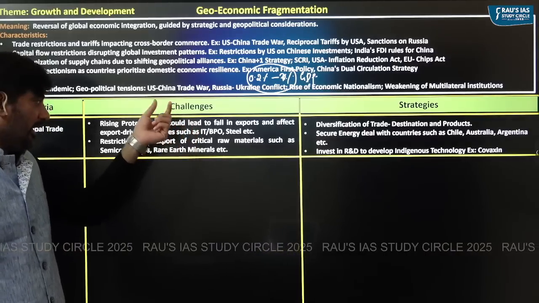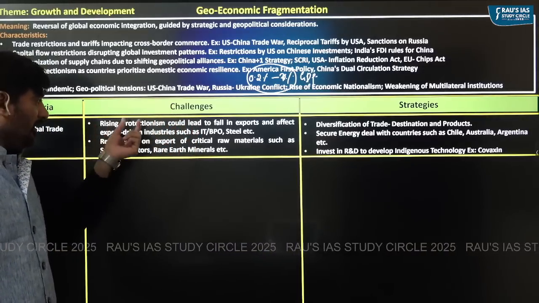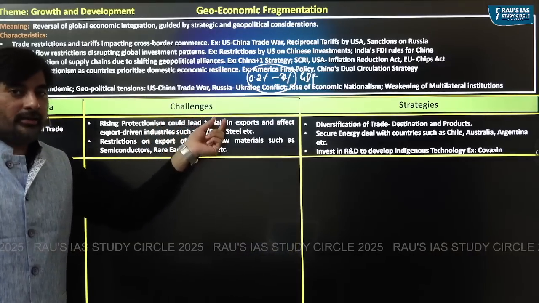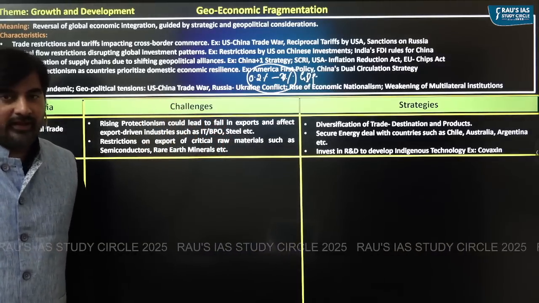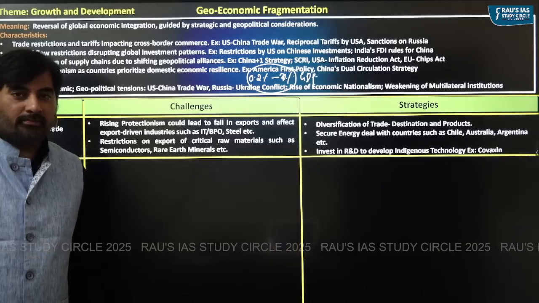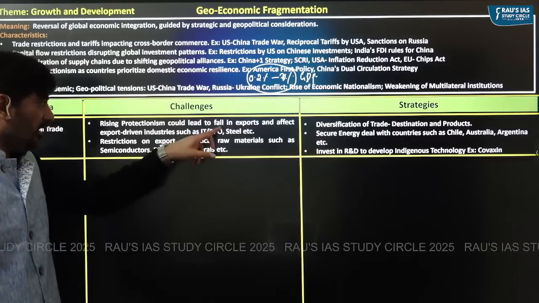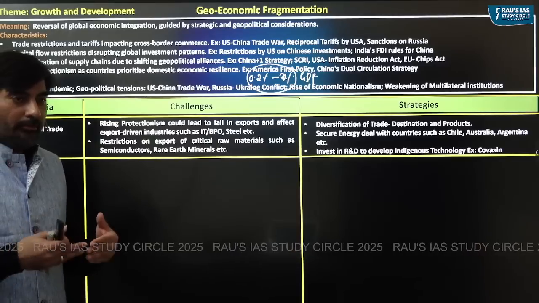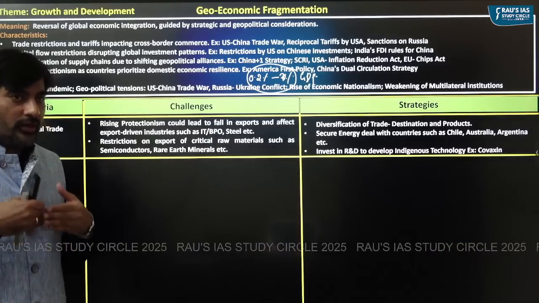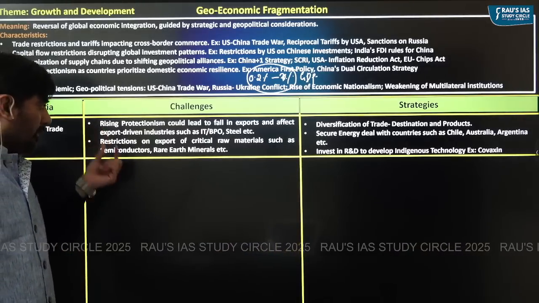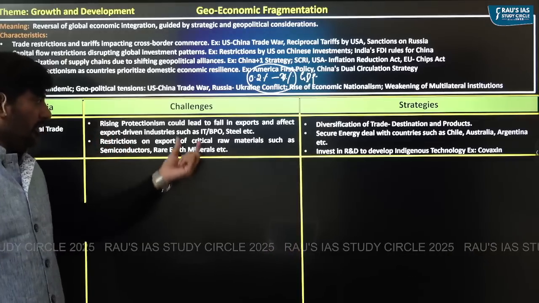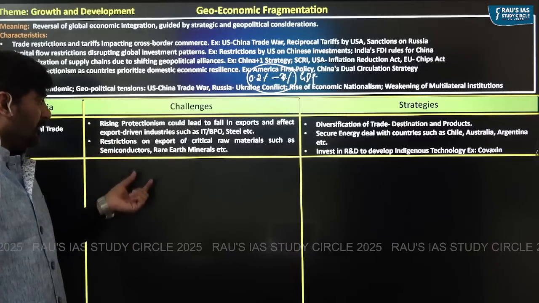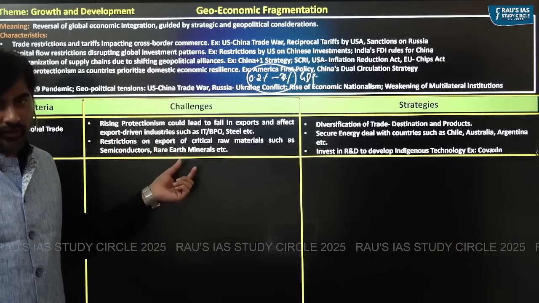And this could have an adverse impact on some of the export-driven industries like IT, BPO, or for that matter, steel. Take for example, the EU's carbon border adjustment mechanism, which could have an adverse effect on our steel manufacturing. In the same way, because of the inward-oriented policies of governments, it might become quite difficult for India to get access to critical raw materials such as semiconductors, rare earth minerals, and so on.